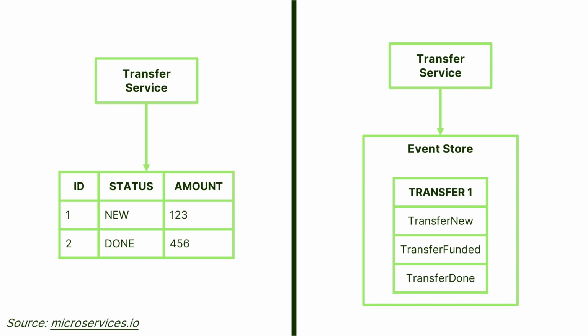So event sourcing is addressing this issue by storing this aggregate as a series of events, you can see on the other side, and which represent the state changes. So we store these events in an event store, which can be a hybrid of a database table and an event queue.